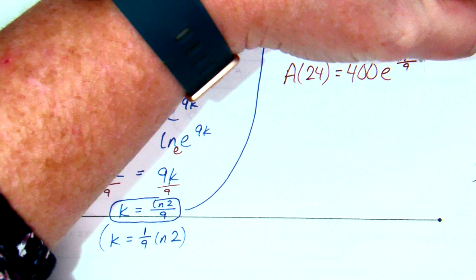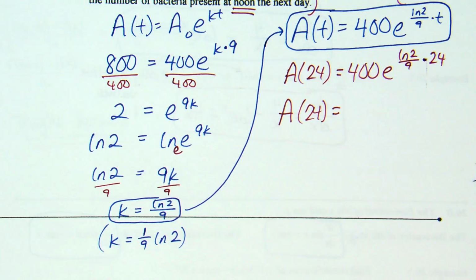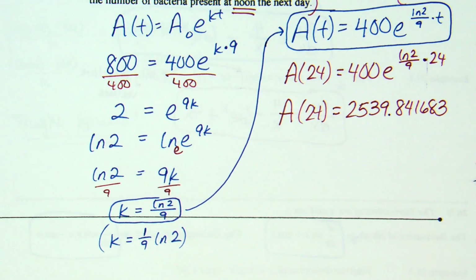How talented are you with your calculator? I have written down in my notes 2539.841683. That's what I got from my calculator.